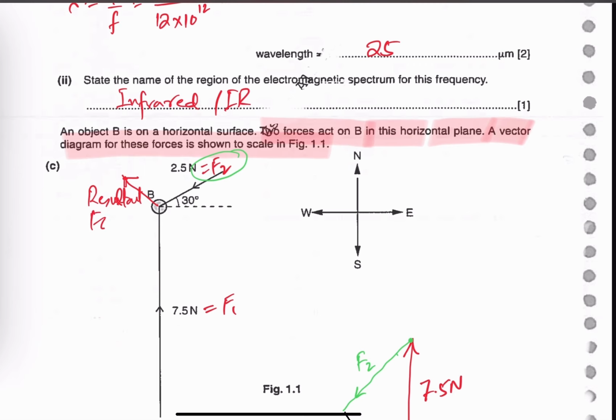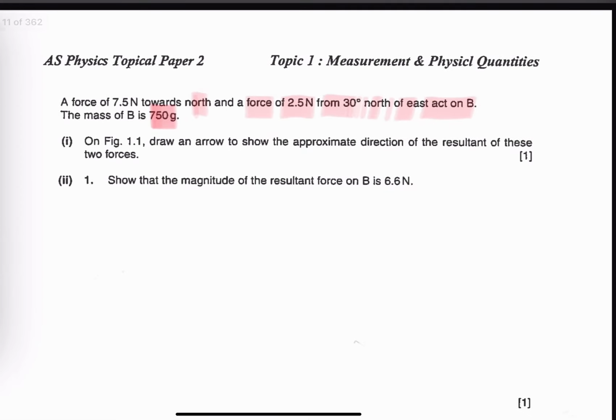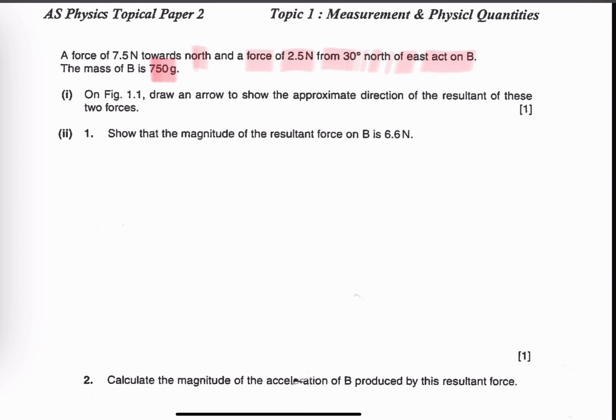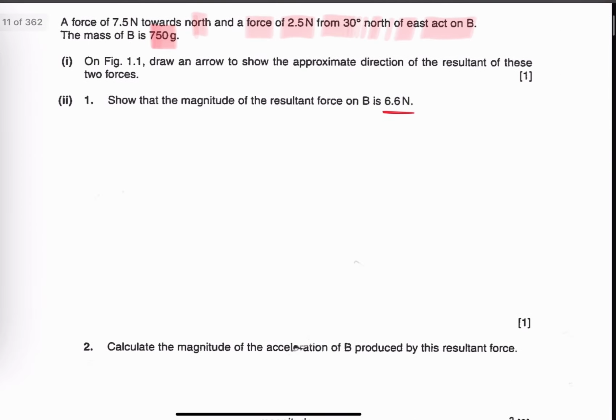Now show that the magnitude of the resultant force on B is 6.6 Newton. For the resultant force we have to make the diagram to scale. A scale diagram means you have to draw the diagram accurately.